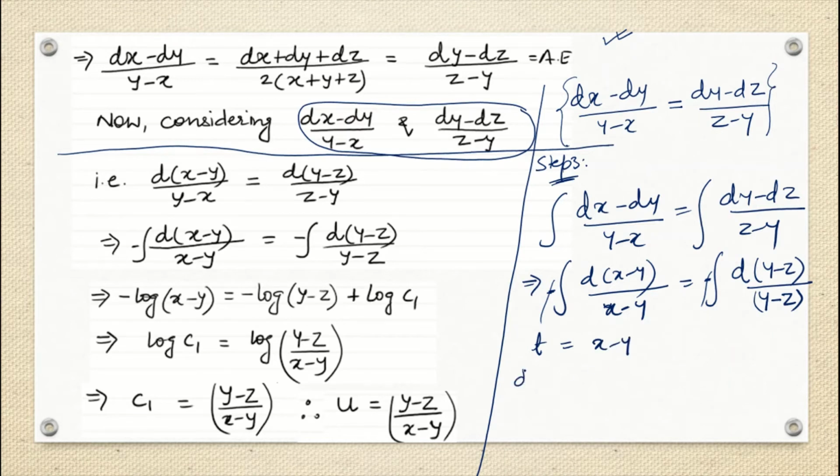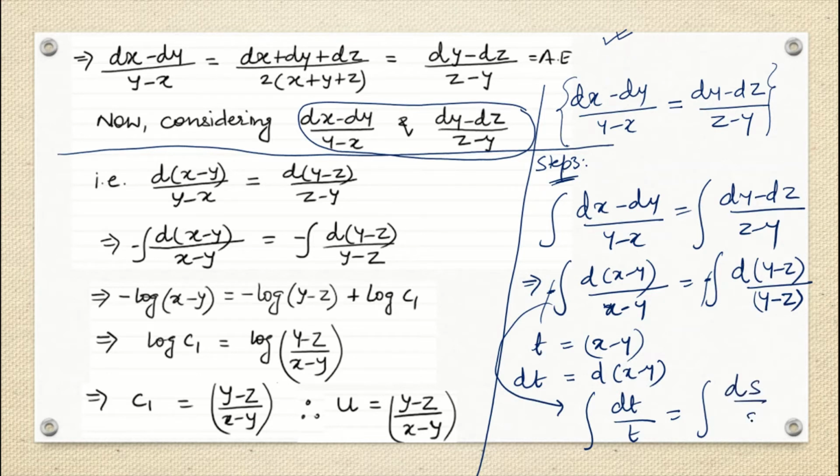So what will dt be? d(x minus y). You can write in this fashion. Similarly here also you can write that d(x minus y) is dt, and then this is your t. Similarly, here also you write the same thing. Instead of t, I'm writing ds by s, because I'm saying that s is y minus z, same way.